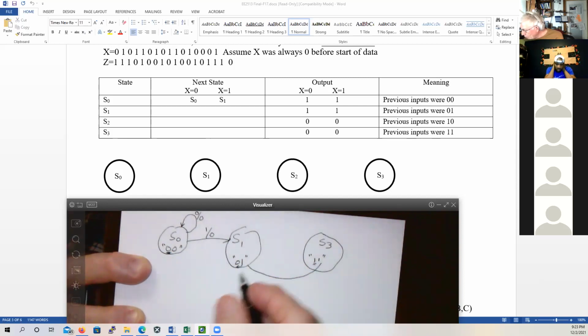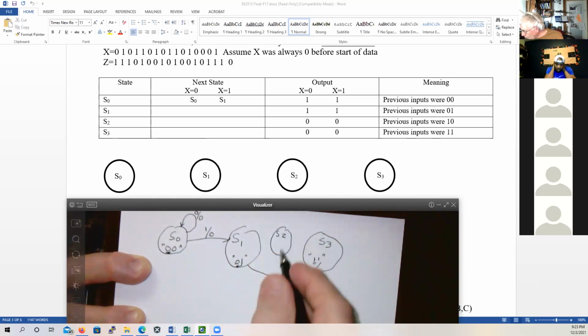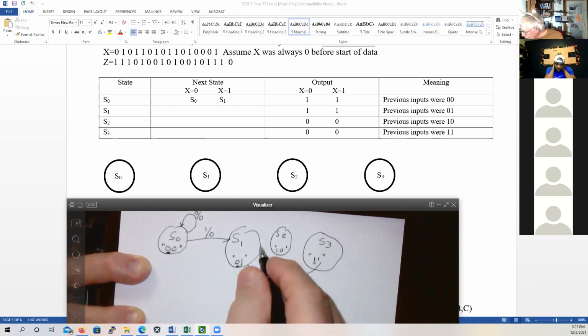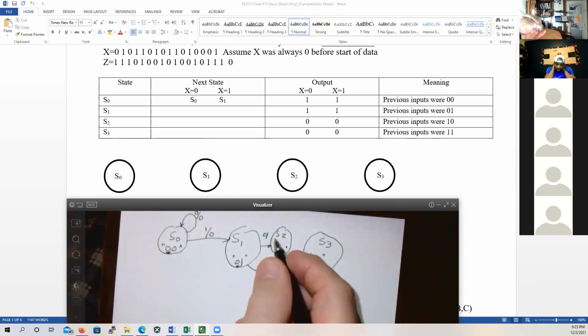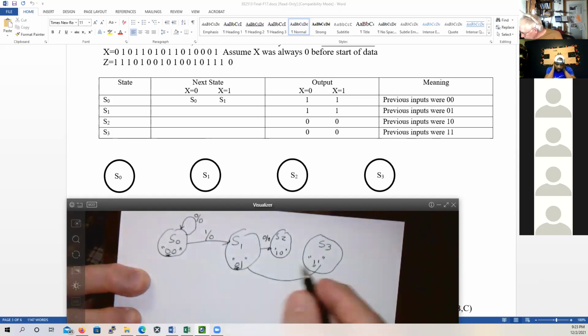Now, if we get a 0, then that one will slide over and we'll go to S2, where we remember 1, 0. Okay, so this is on a 0 and we output a 0 because that's our oldest one. And here we get a 1, but we still output a 0 because that's our oldest one.